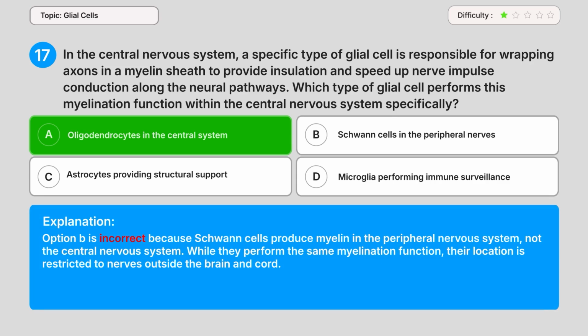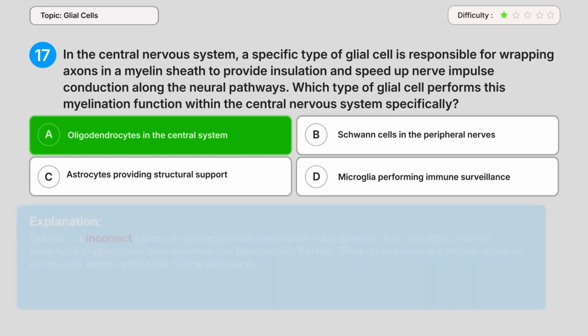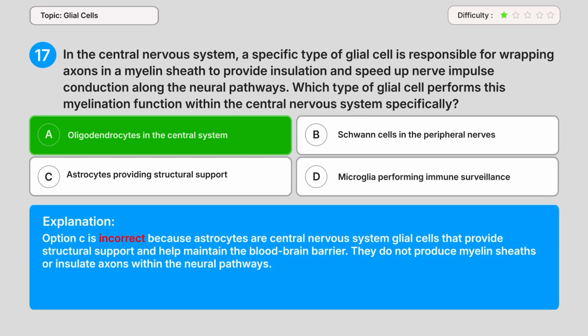Option B is incorrect because Schwann cells produce myelin in the peripheral nervous system, not the central nervous system. While they perform the same myelination function, their location is restricted to nerves outside the brain and cord. Option C is incorrect because astrocytes are central nervous system glial cells that provide structural support and help maintain the blood-brain barrier.